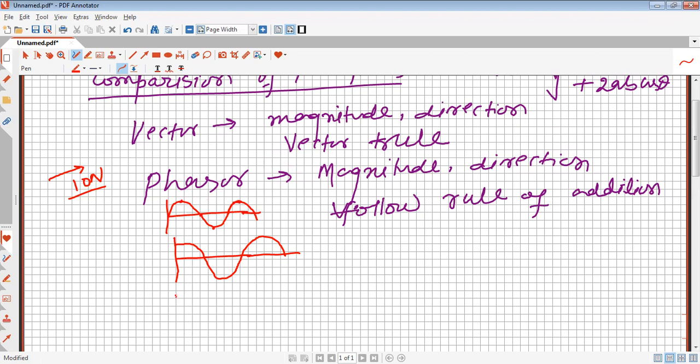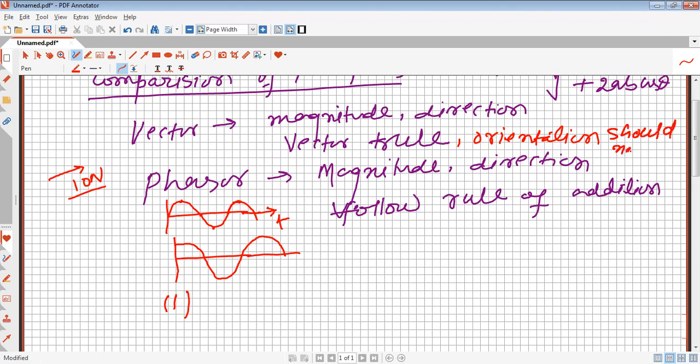One more difference for a phasor is that its orientation is changing with respect to time every second. But for a vector, the most important thing is that its orientation should not change.